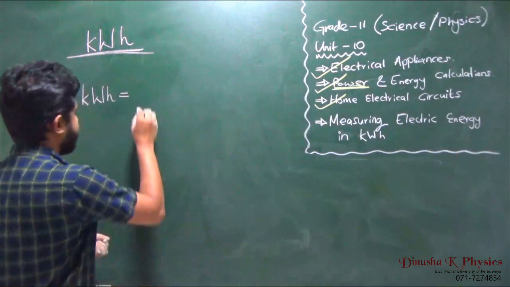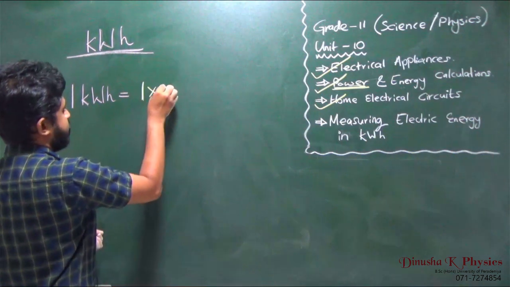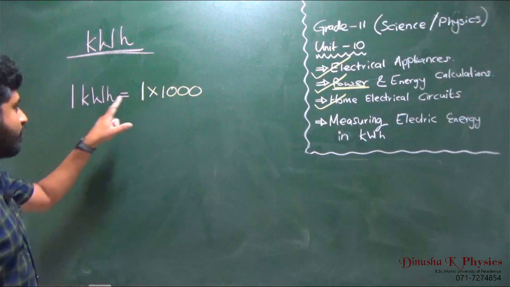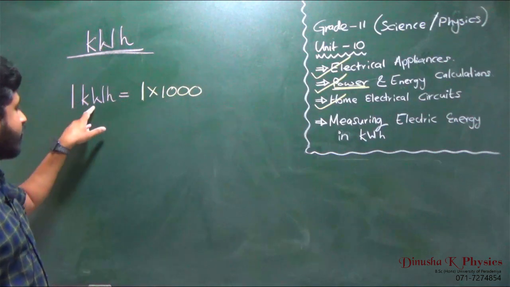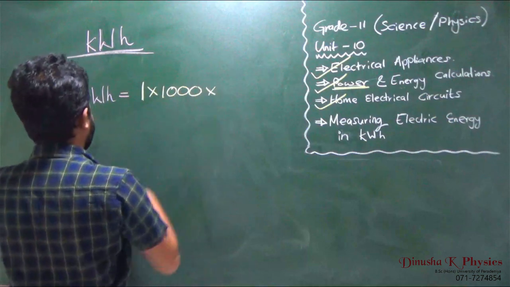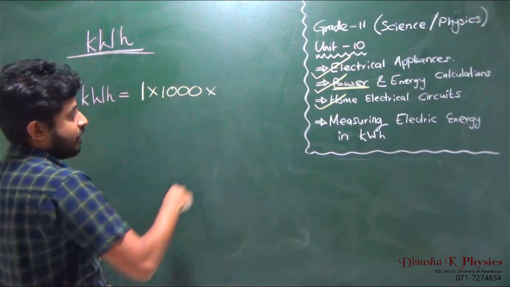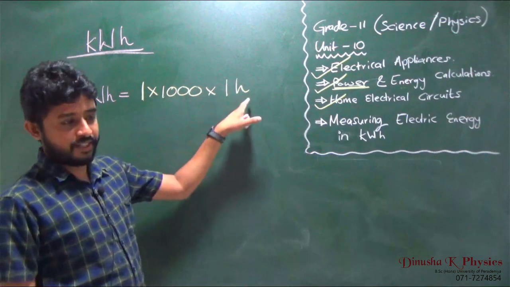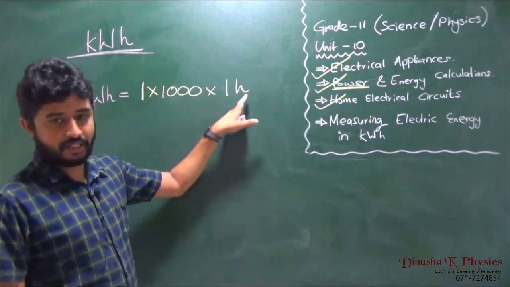So let's convert 1 kilowatt into watts. That means 1 into 1000 watts, and we have 1 hour. So this will be 1000 watt hours.